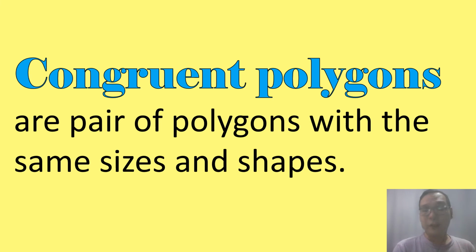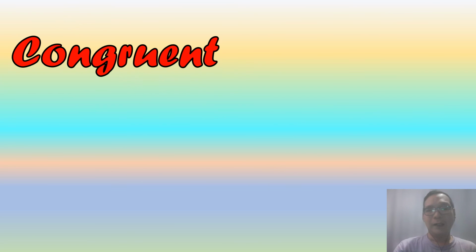In Filipino, kung ang dalawang polygons na meron tayo ay pareho ng sukat, regardless of color, pareho ng sukat, pareho ng hugis, pareho ng laki, at pag pinagpatong mo sila ay parang iisa, then that pair of polygon ay tawag doon ay congruent polygons. So, as simple as that.